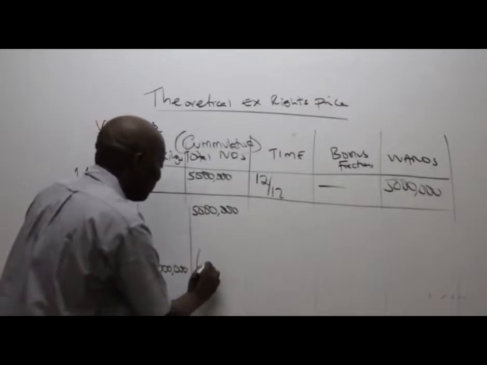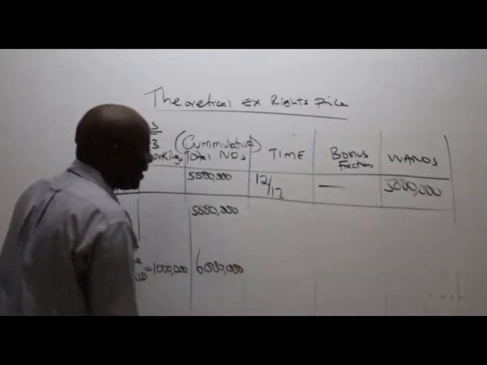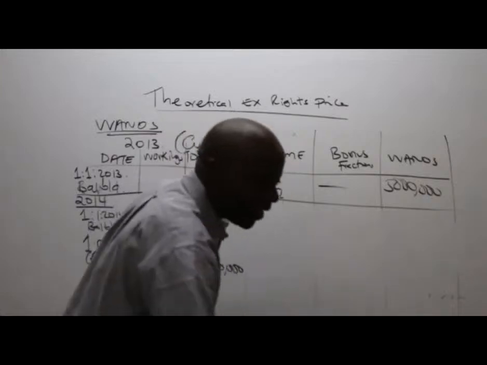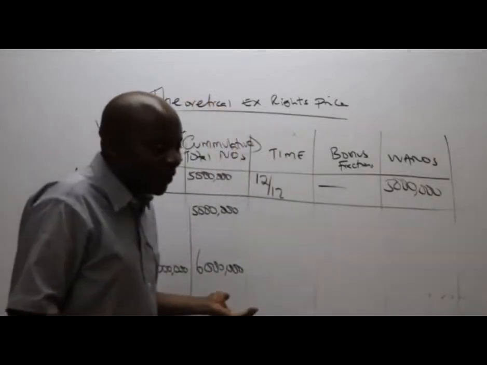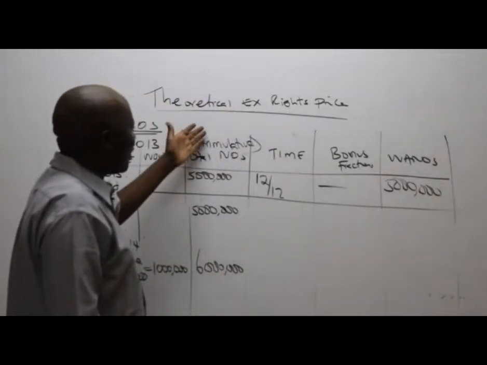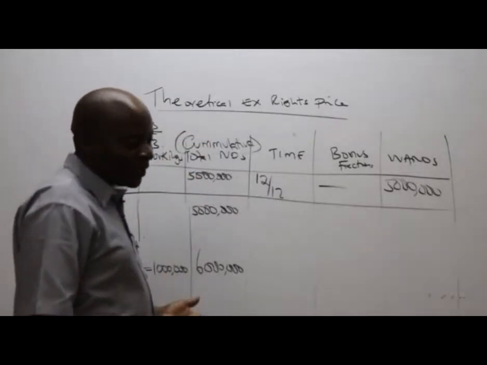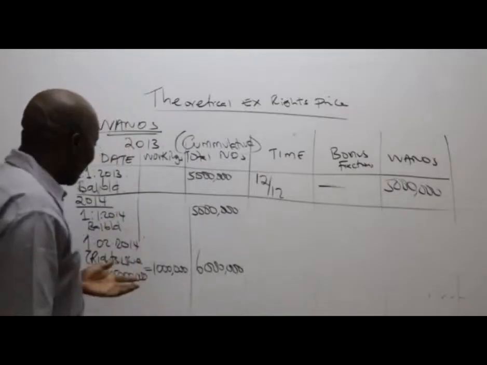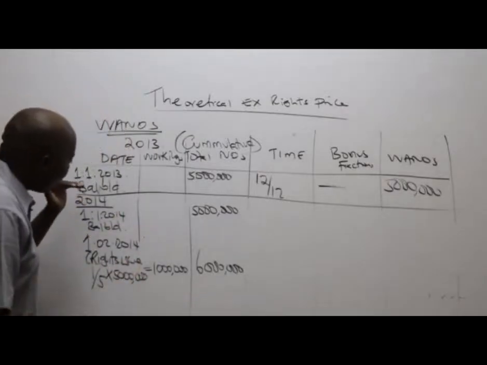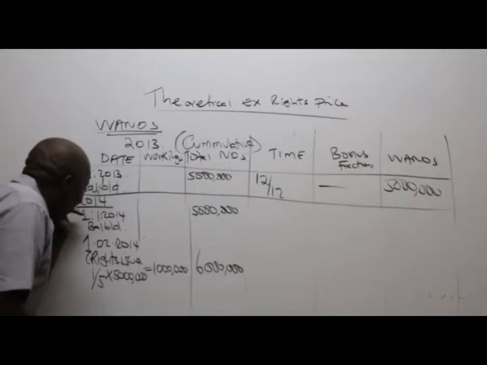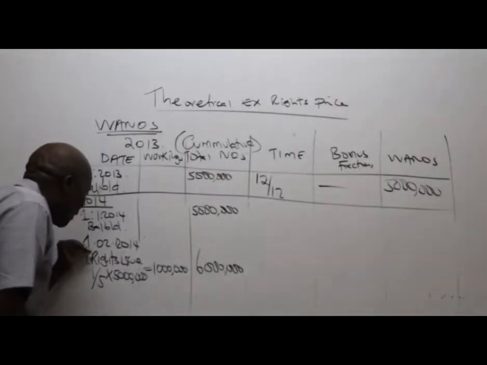Now, ladies and gentlemen, listen to me very well. There is no other transaction that happened in the year 2014. So from there, you start counting months. First you start from this particular date, our opening date, to the next date when we had a transaction.